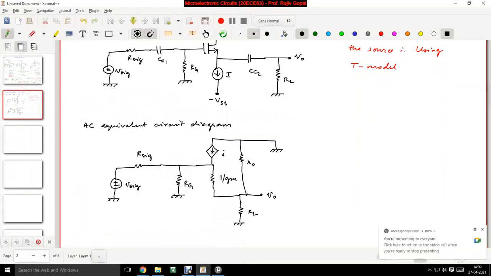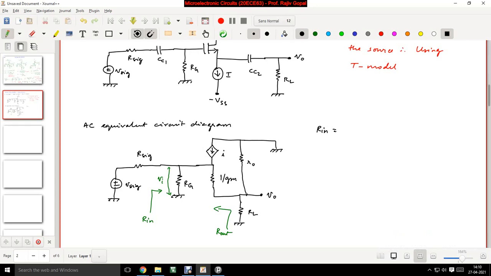Now I want to measure Rin. Rin is this value. The voltage across this would actually be Vi. Rout is this value. Rin, I can straight away tell, is Rg, because that is the only resistance I can see, and the input I am giving is at the gate. If I look into the gate, I can see only one resistance, which is Rg.